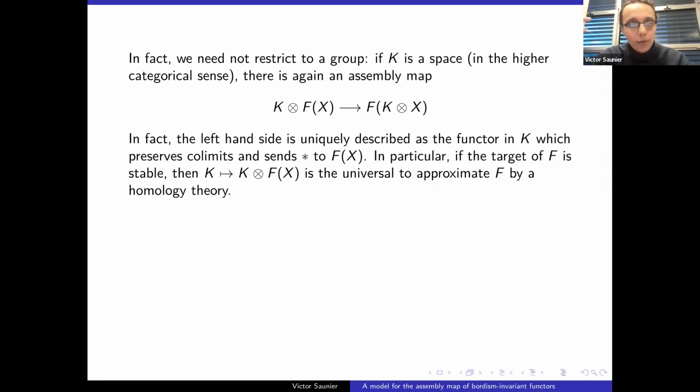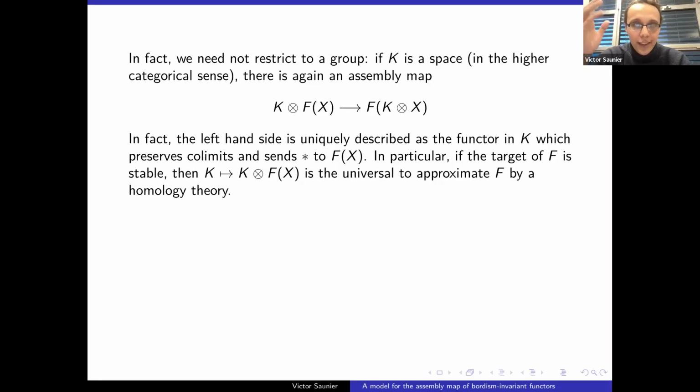In this higher world, what's the left-hand side? It's functorial in K, and it's the unique functor which preserves colimits and sends the point to F of x. Now, in particular, if you happen to map to a stable category, then in a stable category pushouts and pullbacks are the same, and so all of the squares are pullback squares, and so you are a homology theory.